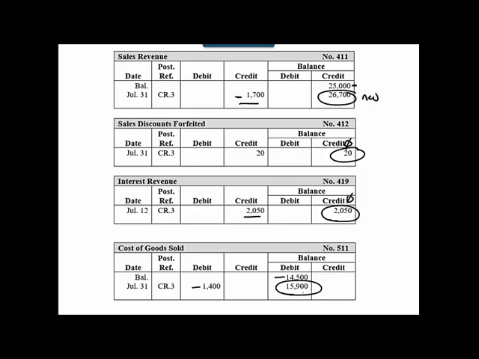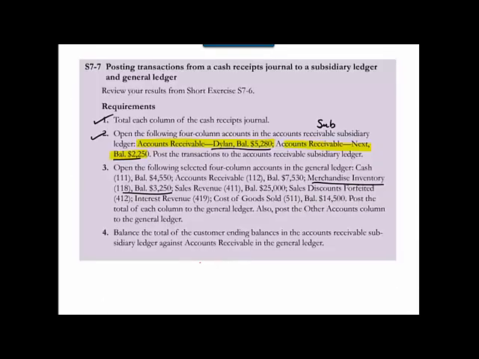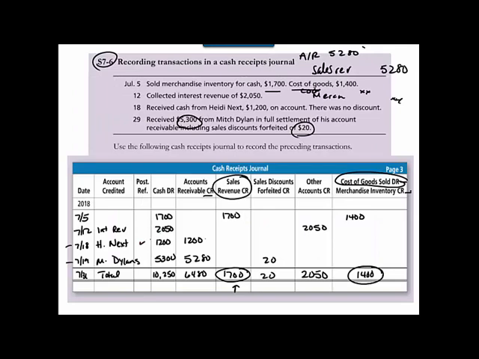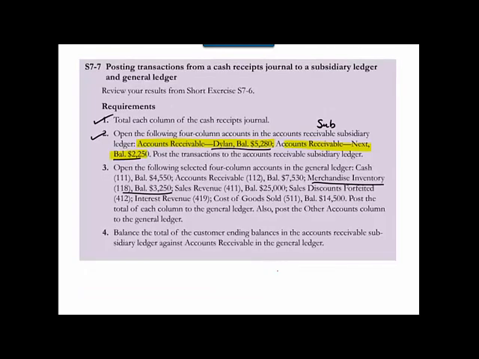And then once I post everything to the subsidiary ledgers or the accounts, I check these off to show I posted those to subsidiary ledgers, and then I fill in the accounts, right? So this I posted to account 111, this I posted to account 112, 411, 412, and these account numbers were all given right here, right? These are my accounts.